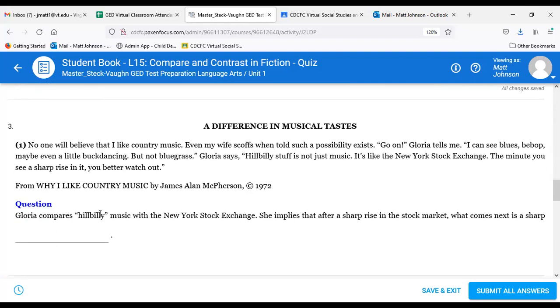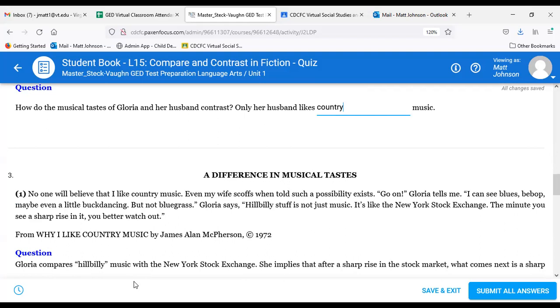Question 3. Let's see, Tracy, you want to read question 3 for us? Yes. A difference in musical tastes. No one will believe that I like country music. Even my wife scoffs when told such a possibility exists. Go on, Gloria tells me.